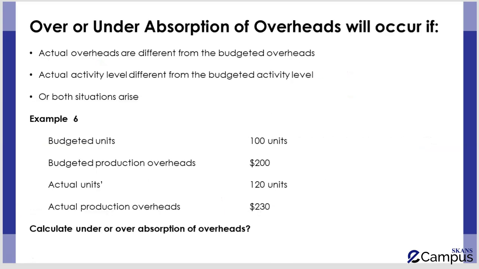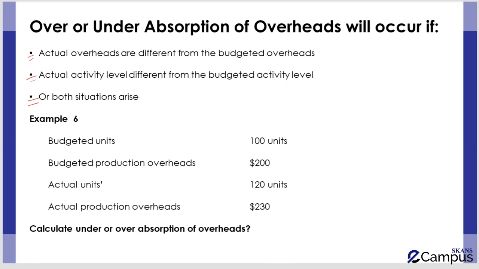Here, under or over absorption of overheads will occur if actual overheads are different from budgeted overheads, if actual activity level is different from the budgeted activity level, or if both situations arise.